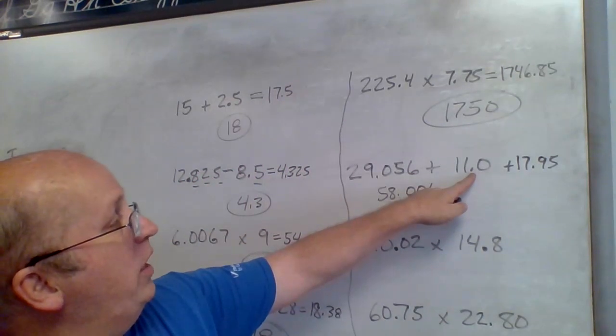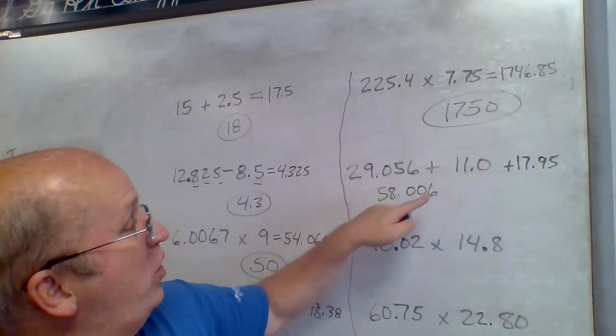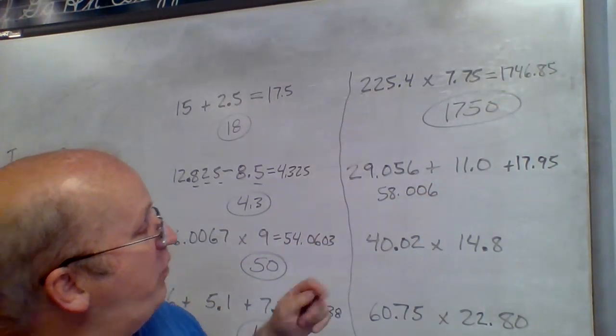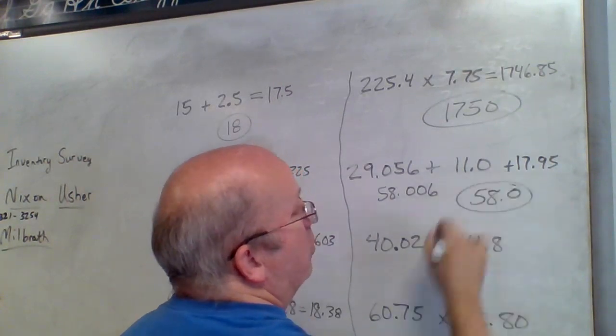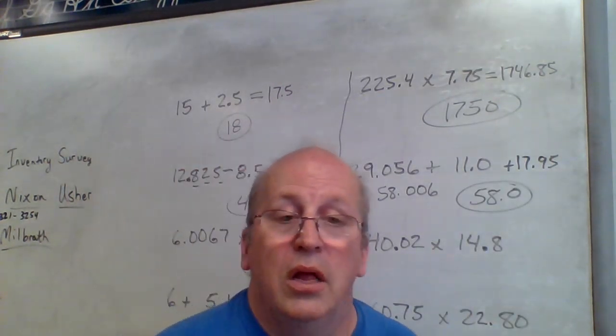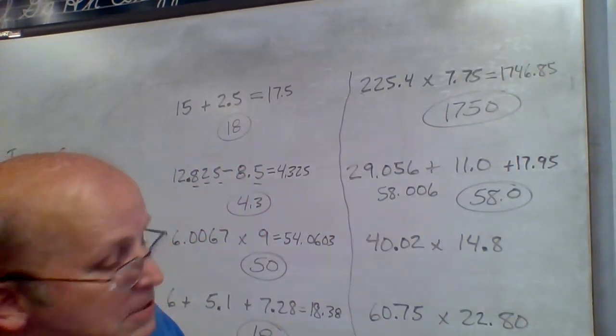And that will be this one here. And we need to change our answer so that it also only has 1 decimal place value. And if I do that, I get an answer of 58.0. That's the closest number that has just 1 decimal place value to what the actual answer is.